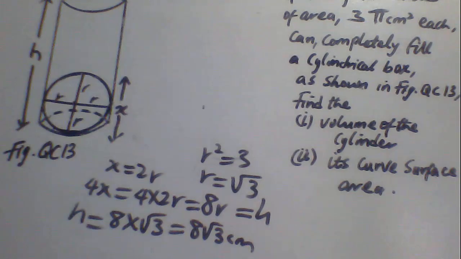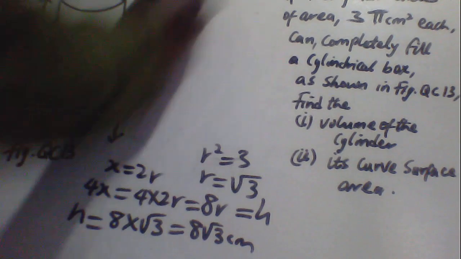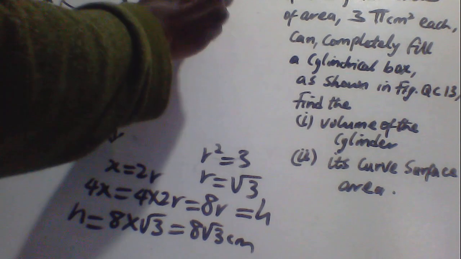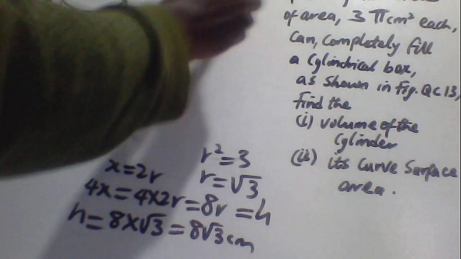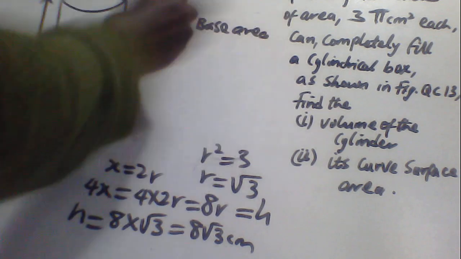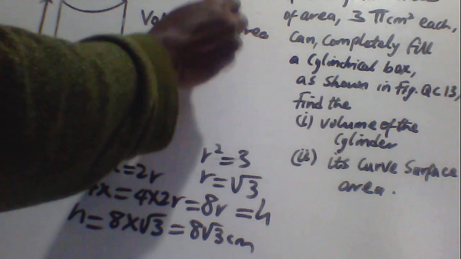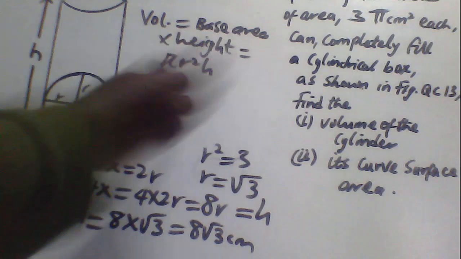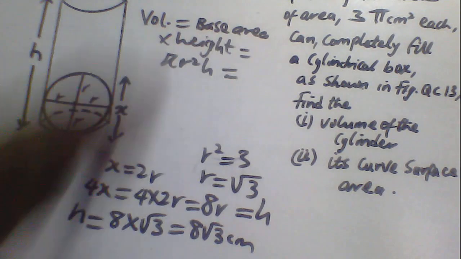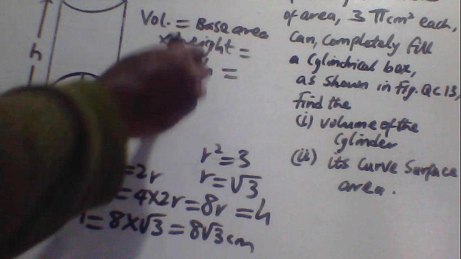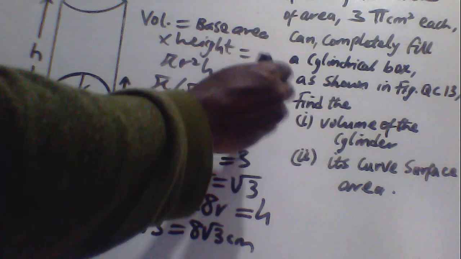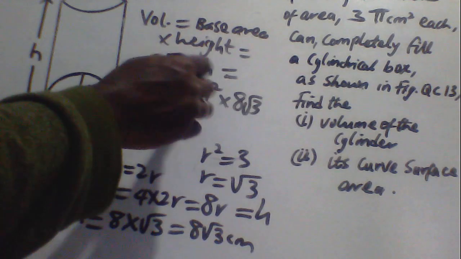The volume of a cylinder is base area times height. In this case, we have pi r squared h. So we have pi, our r is the square root of 3 squared, times height 8 root 3, and that gives us 3.